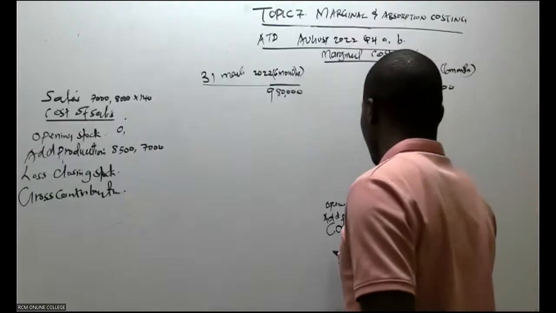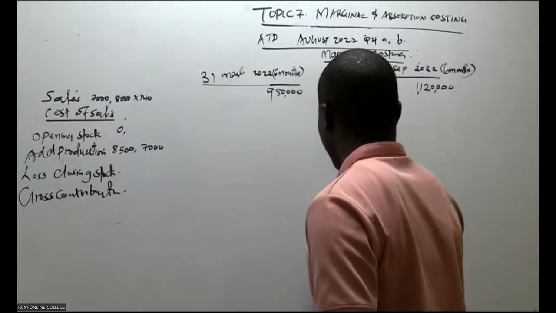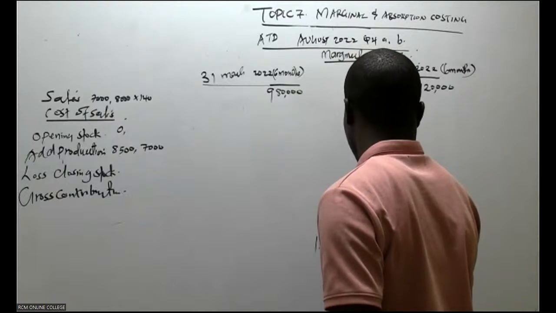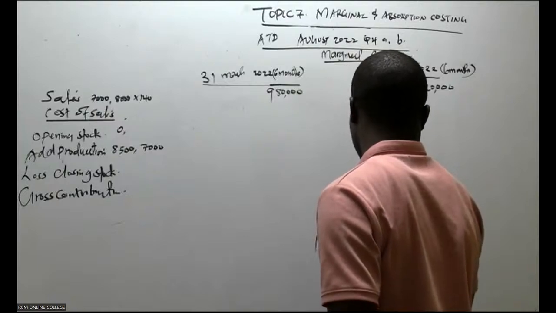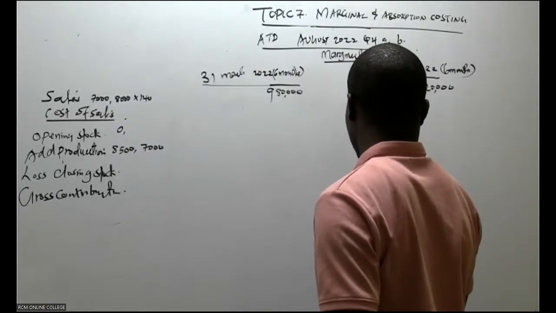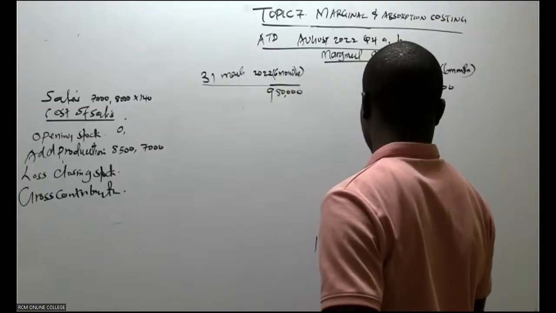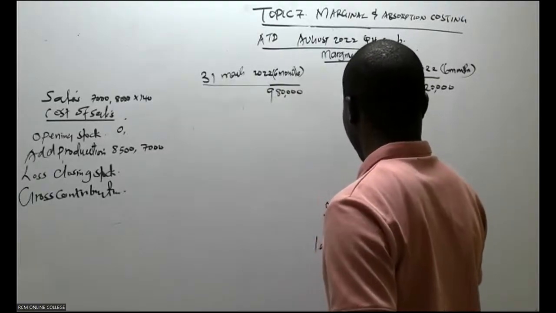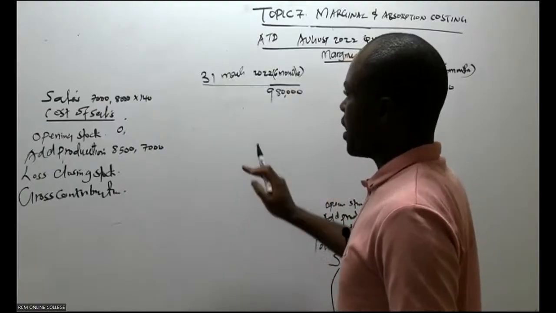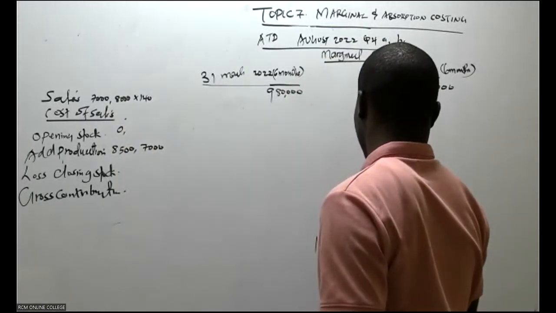But are we able to get sales? Remember here, after getting cost of goods available for sale, you normally less closing stock. When you less closing stock, you are going to get what you call sales. Here we have closing stock, which we do not know, but the examiner gave us the units that were sold, which is 7,000.